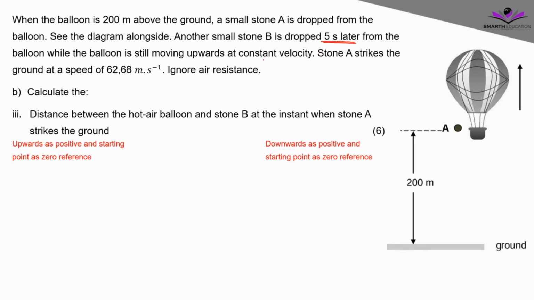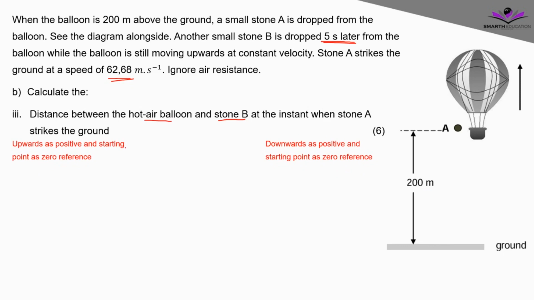So it means stone A is released, and after 5 seconds, stone B will be released. Stone A strikes the ground at a speed of 62.68 meters per second. Ignore air resistance. We're asked to calculate the distance between the hot air balloon and stone B at the instant when stone A strikes the ground.